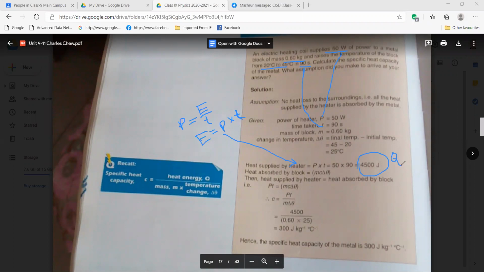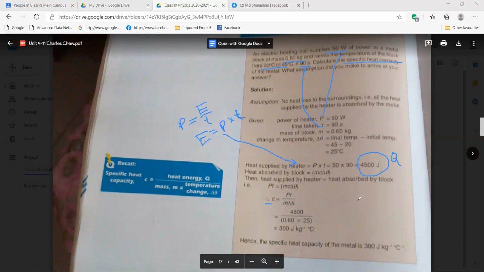So after getting Q, they are asking you to calculate the specific heat capacity, right? Yes, sir.